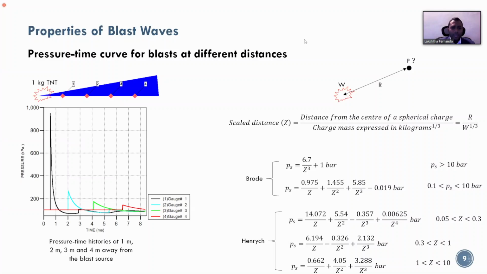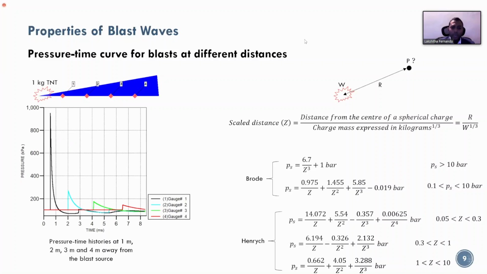So this parameter Z helps us to quantify a blast event because it takes into account both the distance and the charge size. So I told you the charge size and the distance play a significant role in the pressure. So if we can quantify it using this single parameter, that's an easy way of quantifying things.